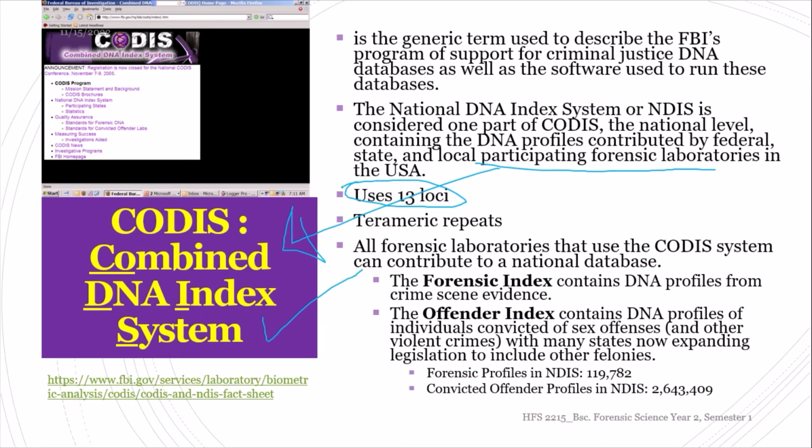So various profiles keep being added. It becomes a centralized place for the national databases and local forensic laboratories to submit new profiles that they obtained in the course of their investigation. There will be indexes: the forensic index, which contains just crime scene evidence, and the offender index, which consists of people who have already been convicted of sexual offenses and violent crimes, and today we are also including other crimes or felonies.